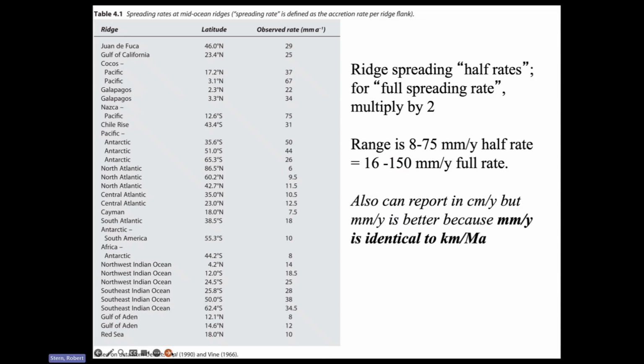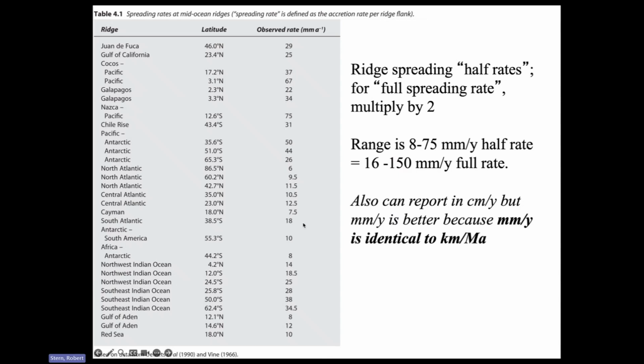So now we can come up with a list of ridge spreading half rates and full rates. So here we've got a list of these different ridges and their observed spreading rates.